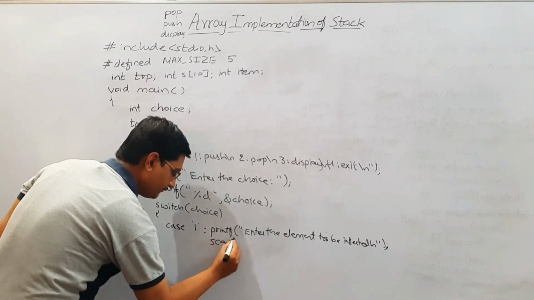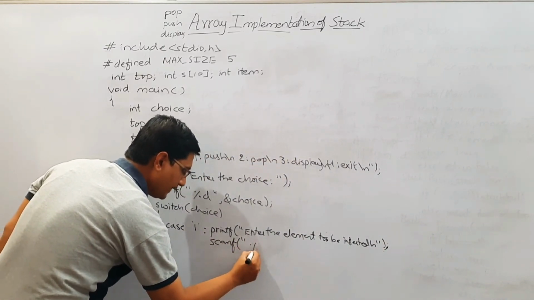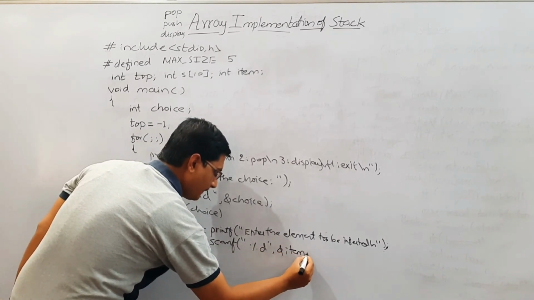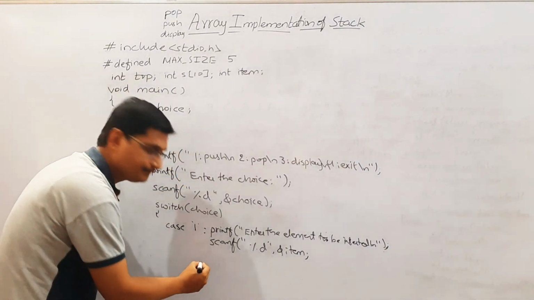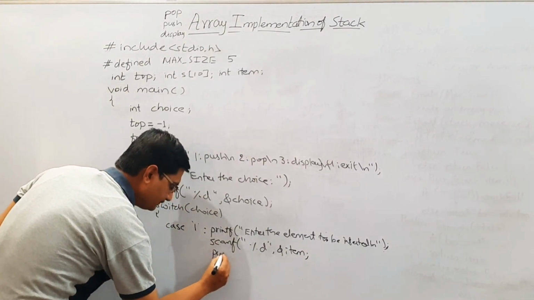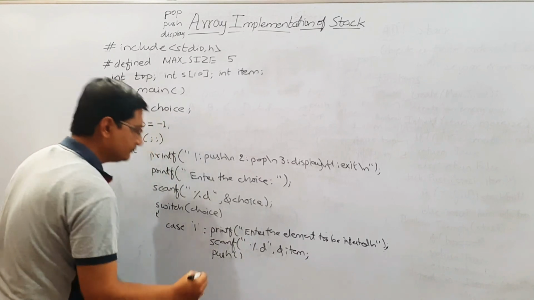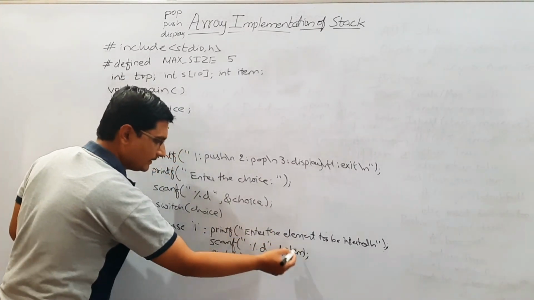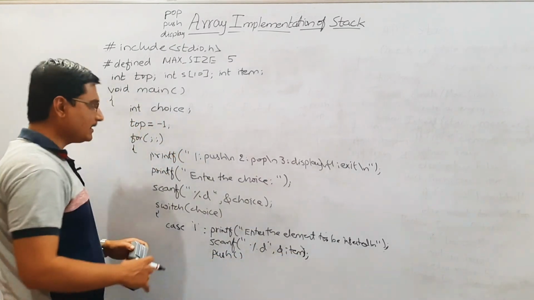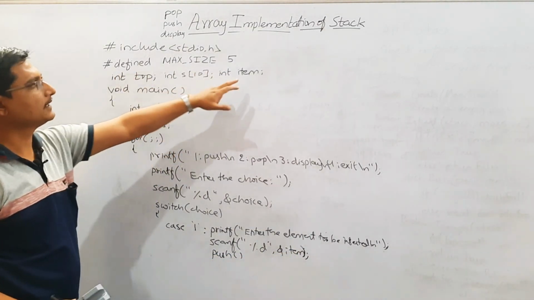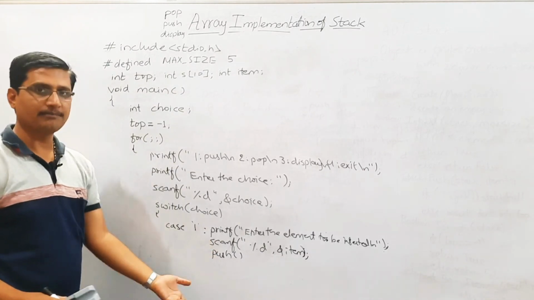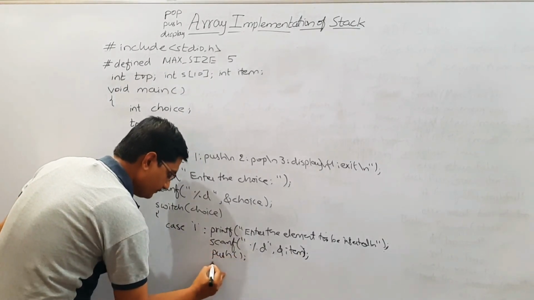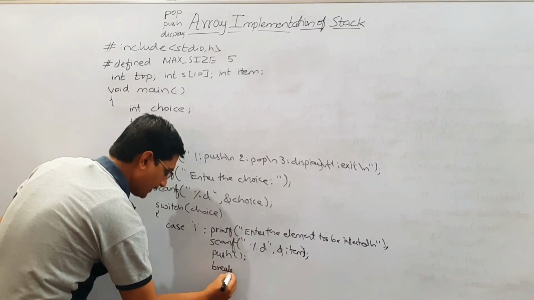Read the element, the variable item, then call the push function. As item is declared as global variable, definitely the same thing will be considered. Otherwise, if you consider this as a local variable, then you can pass it as a parameter. Then break.